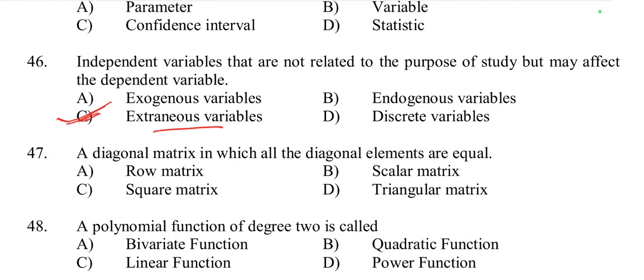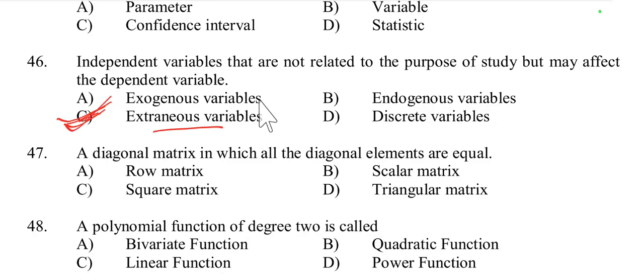Option C, because extraneous variables are not of primary interest but they can influence the outcome, potentially confounding results if not controlled. So independent variables that are not related to the purpose of study but may affect the dependent variable are extraneous variables.